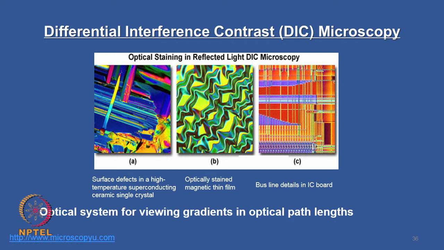We will see the principle of this technique. It is an optical system for viewing gradients in the optical path lengths. In one of the previous classes we saw phase contrast microscopy, which is an optical system that converts the optical path difference in a specimen to contrast in the image.